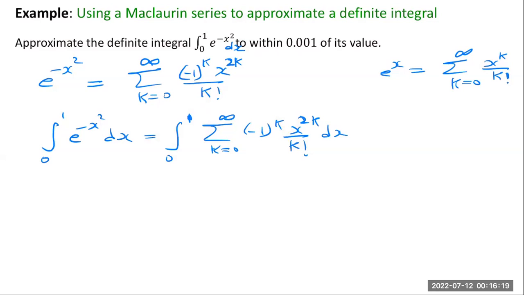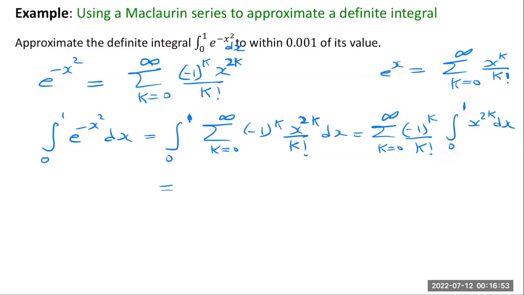If I send that integration sign inside the sigma notation, you get the sum from k equals 0 to infinity of minus 1 to the power k over k factorial times the integral from 0 to 1 of x to the power 2k dx. That's what you get. Now you can do the integration and plug in these limits.